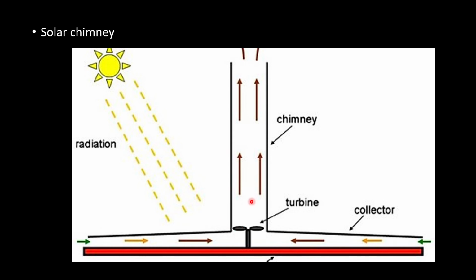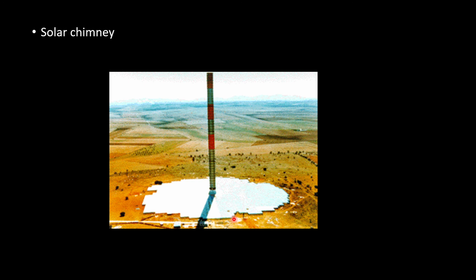As the hot air moves up, the cold air from the surroundings comes back because of that draft and occupies the space of the glass, and again it will get heated up and move up. This process continues, and the turbine keeps rotating and driving the generator to generate electricity.